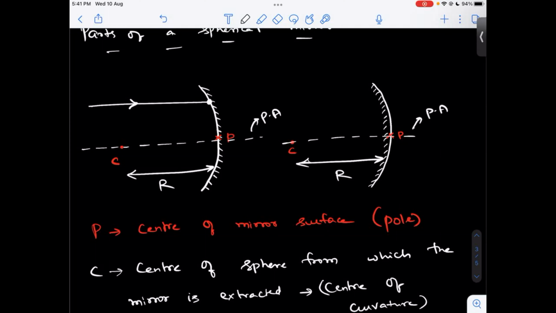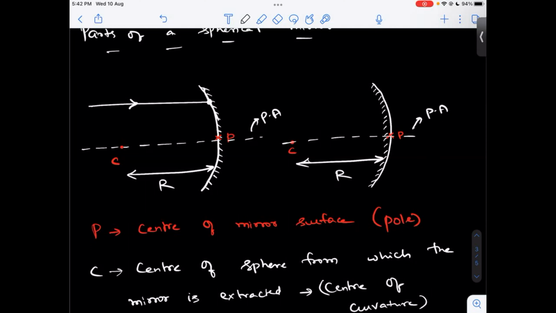Whereas for a curved surface, how will you draw the normal? You will draw a tangent at this point. Because when you draw a tangent, it is actually in the form of a circle.